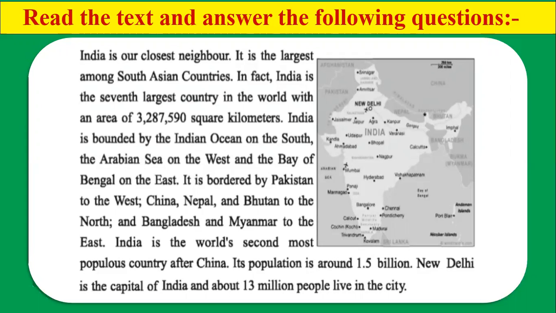It is bounded by the Indian Ocean on the south, the Arabian Sea on the west, and the Bay of Bengal on the east. It is bordered by Pakistan to the west, China, Nepal, and Bhutan to the north, and Bangladesh and Myanmar to the east.